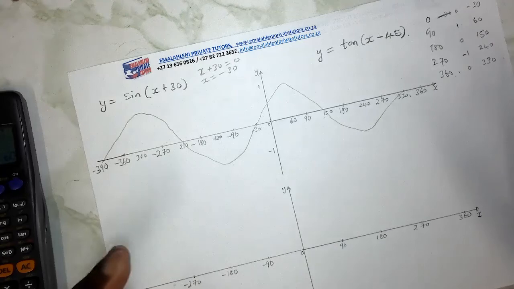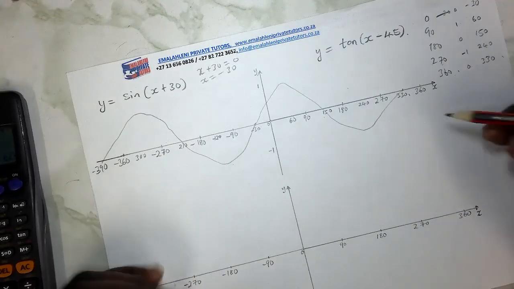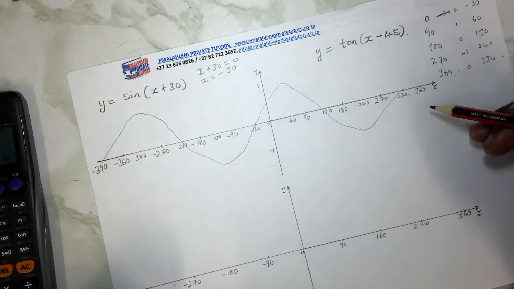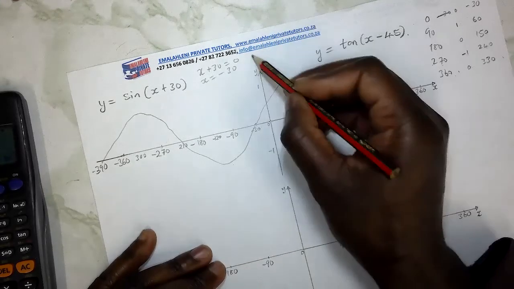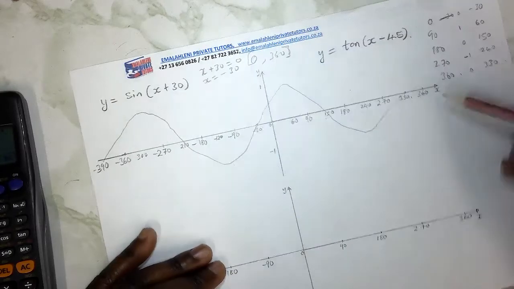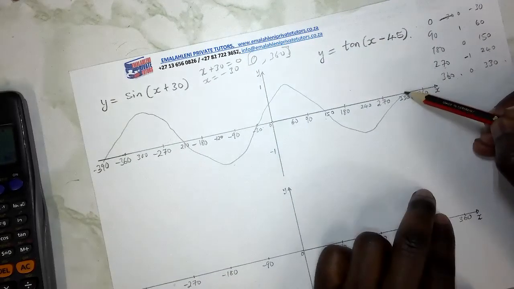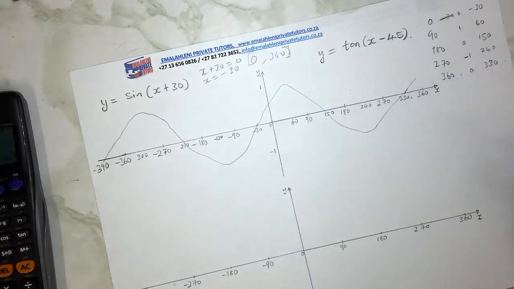If now they say draw, maybe you are given the domain to say from 0 to 360. Now you know that at 360 it will still be on its way, so you just leave it hanging like this. You understand? That's what it means here.